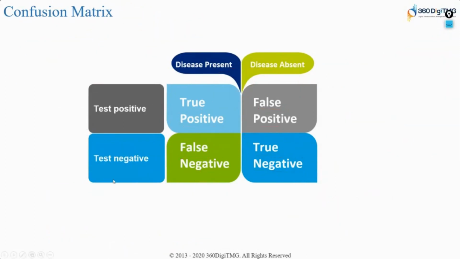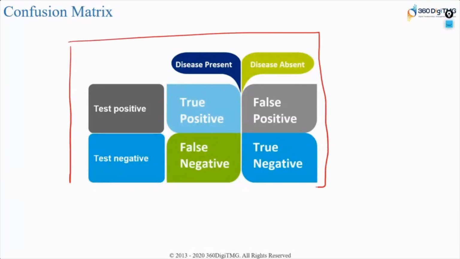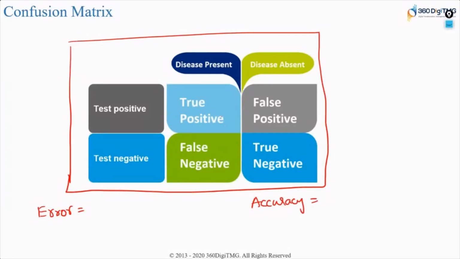Okay, another quick thing. If I want to use this table and write a formula for error, what would that be? How do you calculate error from this? Accuracy you already know. Accuracy is true positive plus true negative divided by true positive plus false positive plus false negative plus true negative.